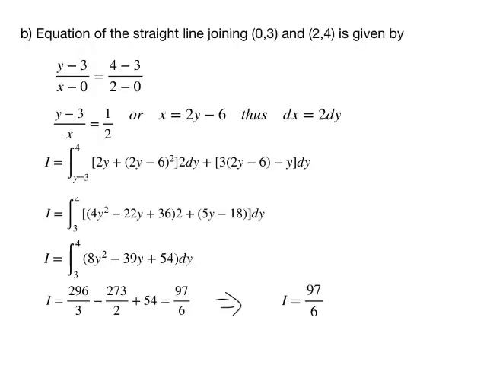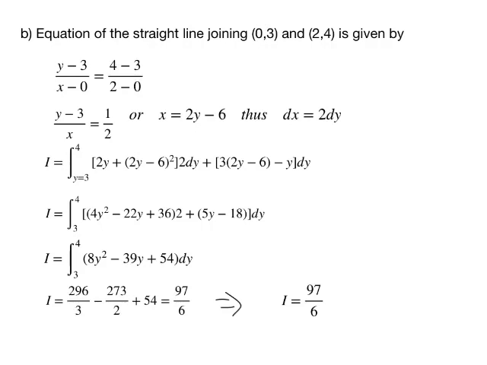Here, since the path is a straight line from the point (0, 3) to (2, 4), I need to get an expression for x in terms of y or y in terms of x. So I take the equation of a straight line passing through two points, which is given by (y − 3)/(x − 0) = (4 − 3)/(2 − 0). From this I get x = 2y − 6 and also dx = 2 dy.